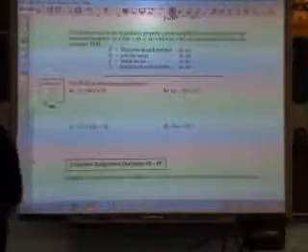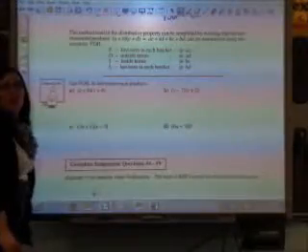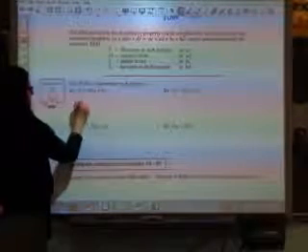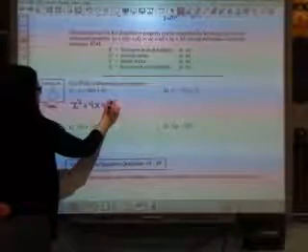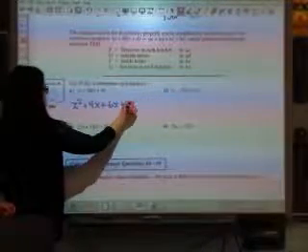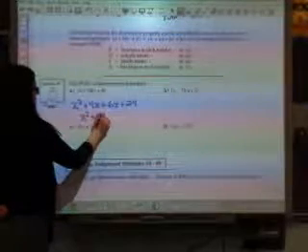So, do class example number 5. FOIL means use the distributive property. That's what FOIL means. If I FOIL these out, what do I get for a? X squared plus 4x, 6x plus 24. And how many x's do I have? 10.